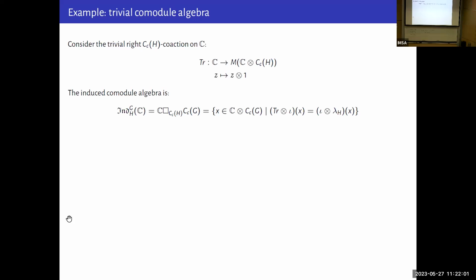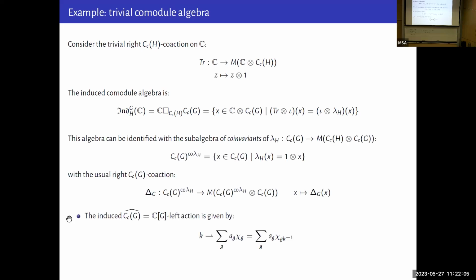So in this case, we can identify this algebra with the subalgebra of coinvariants for the coaction. This is the coaction that we defined previously, and by definition, the coinvariants for the coaction are elements of the algebra such that when we apply the coaction, we recover the identity tensor the element.